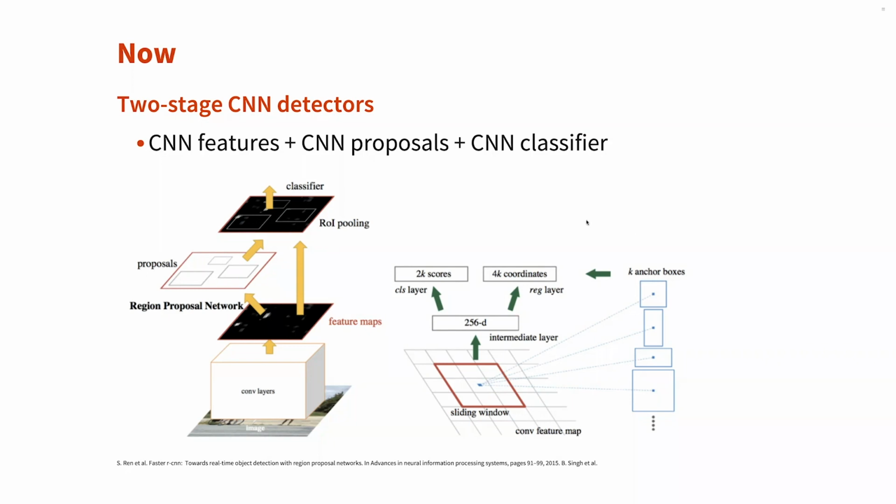So the idea is that you are typically always better off having the network do the easiest job possible if you want fast convergence and high accuracy. So the thing is, real objects, as I said, come in all sorts of scales and aspect ratios. So the idea here was, why don't we help the network?